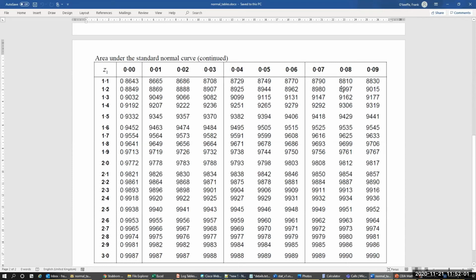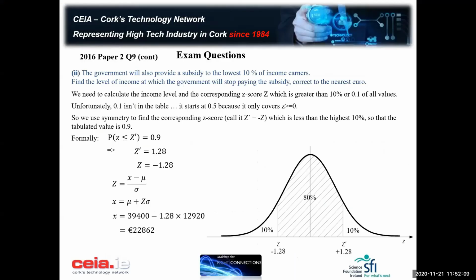Well, there's a 0.08 here added to the 1.2, so it's 1.28. Okay. Right, so this z prime is 1.28, but we're actually looking for z. We use symmetry to find z prime, so the symmetrical value down here is minus 1.28 for z.